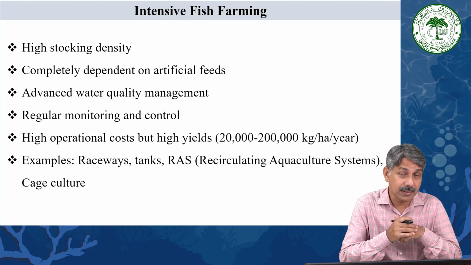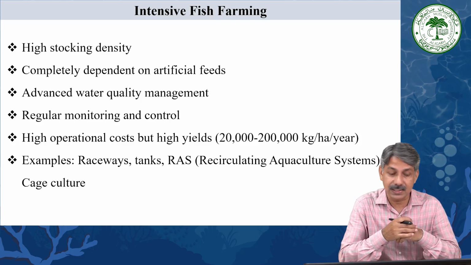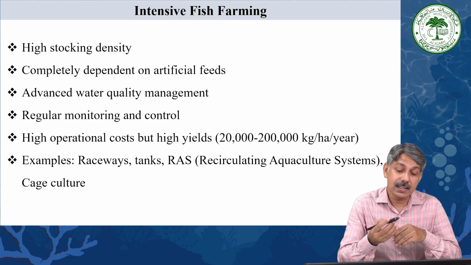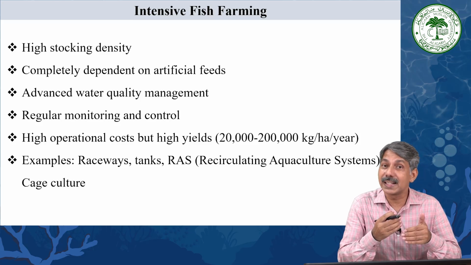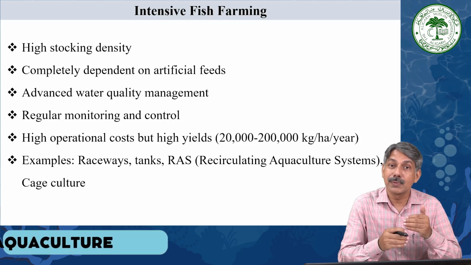So that was about the semi-intensive aquaculture system. Now very briefly I will introduce you to intensive fish farming, then I will take examples in the next lecture. In extensive fish farming, we were not taking any management measures. We were using very low stocking density.